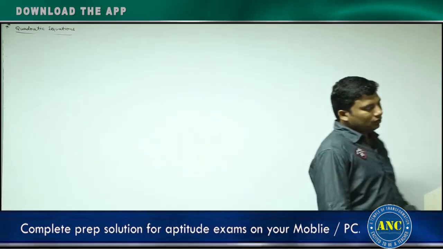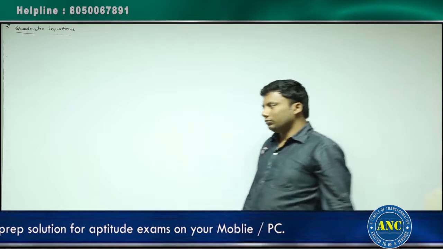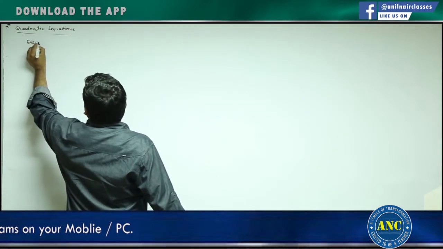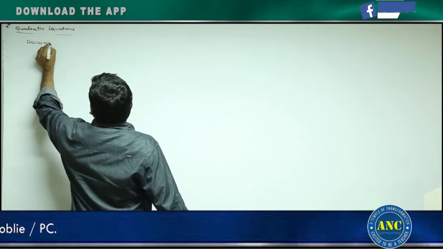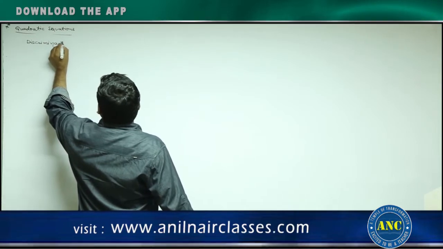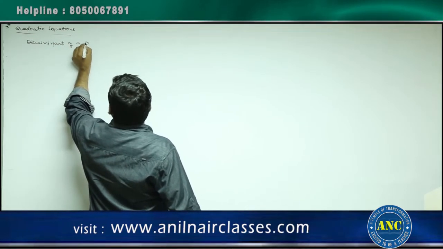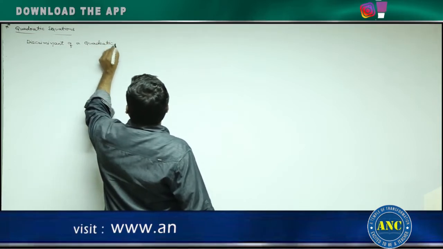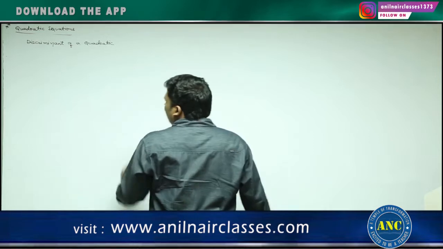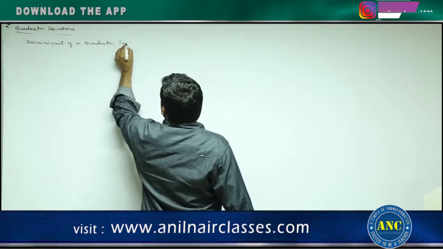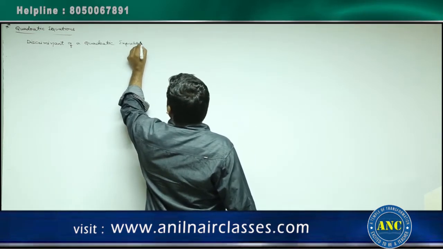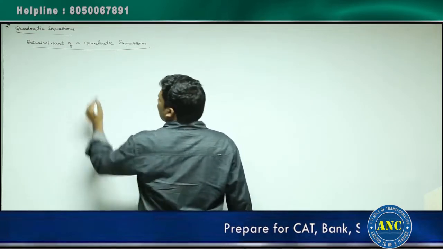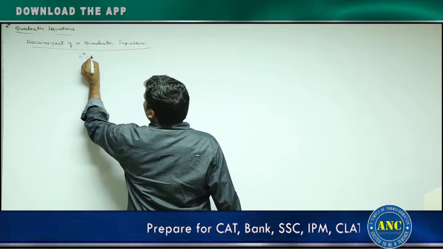Discriminant of a quadratic expression. The discriminant of a quadratic expression is given by b square minus 4ac.